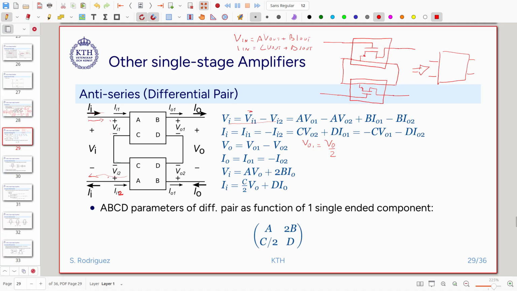That will be first this one here, A VO1 plus B IO1. So we have this part here, and then we expand this one. That will be minus A VO2 minus B IO2. And then we can use this equation here to replace IO2, so that we can put everything as a function of only one current.